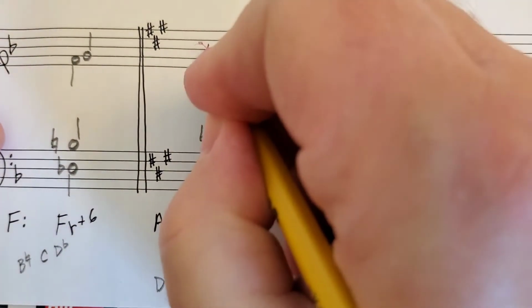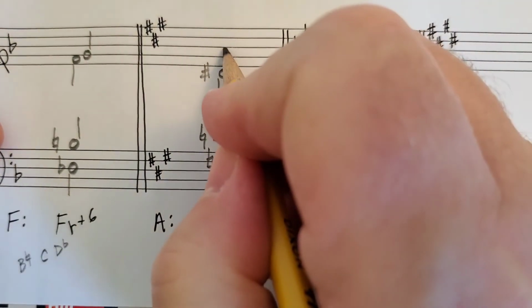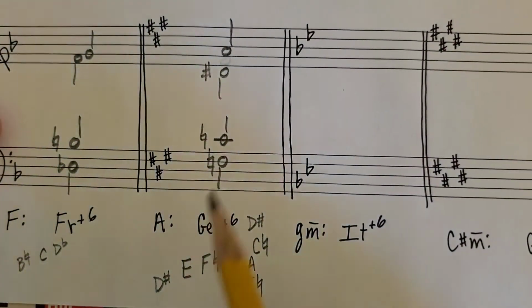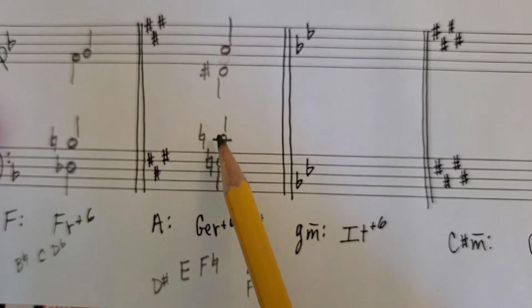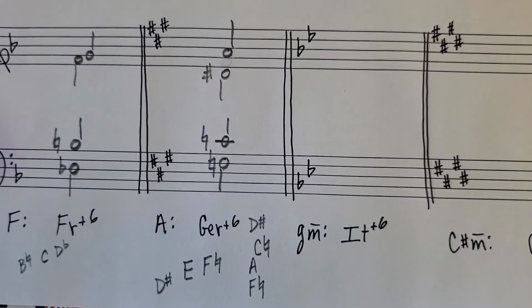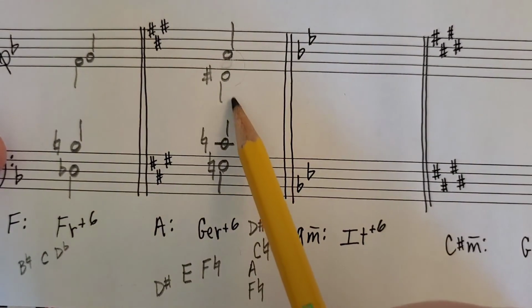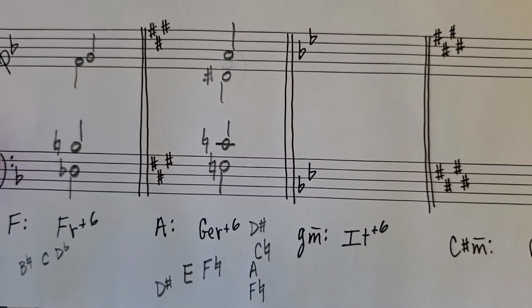Whoops, wrong note. And then I need the A. Okay, so one possible spacing for the German. Here's the F natural, there's the A, there's the C natural, and the D sharp. As always, just make sure you're paying attention to spacing guidelines and voice crossing. Make sure you're not doing any voice crossing or overlapping.